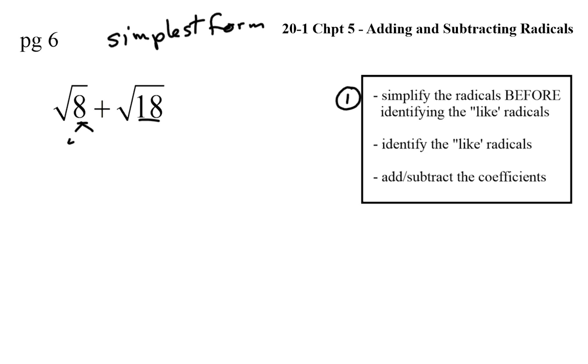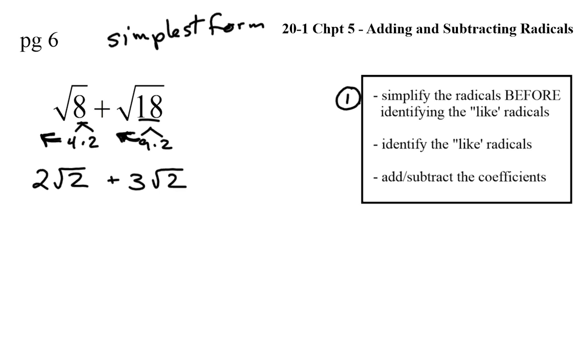So 8, 4 times 2, root out the 4. 18, 9 times 2, root out the 9. We're left with 2 root 2 because the 4 gets rooted out, plus 3 root 2 because the 9 gets rooted out.